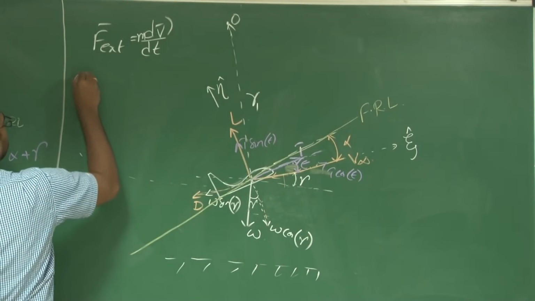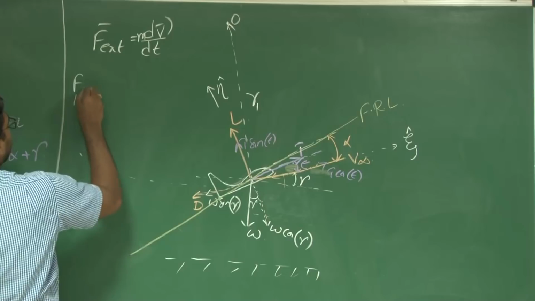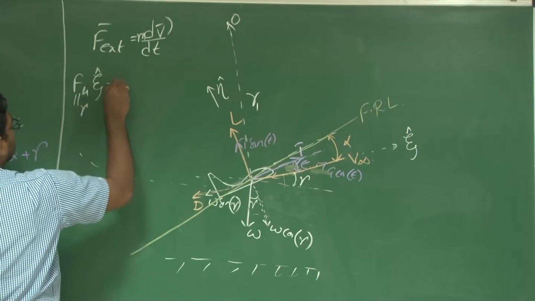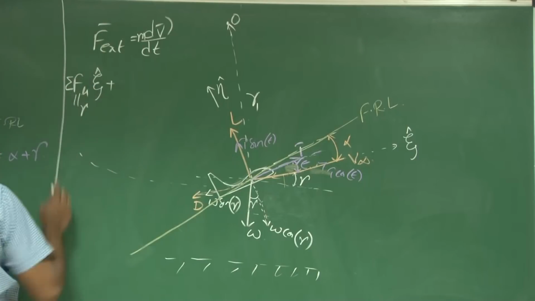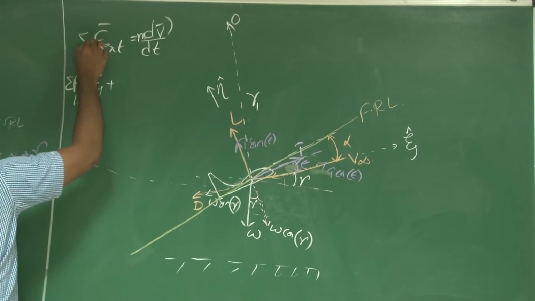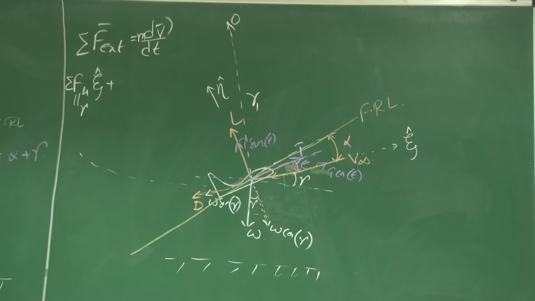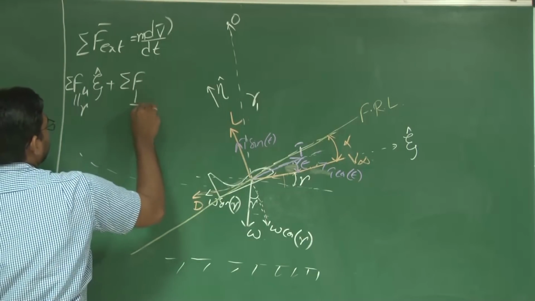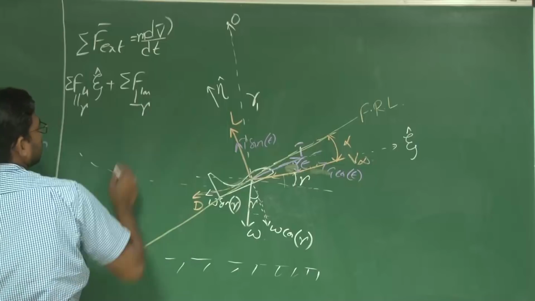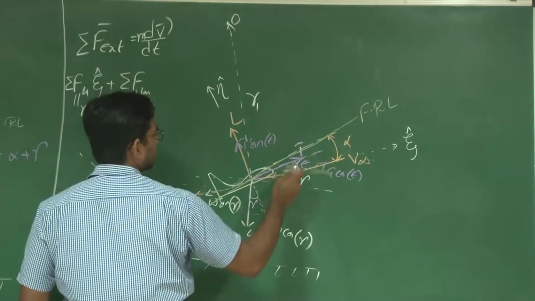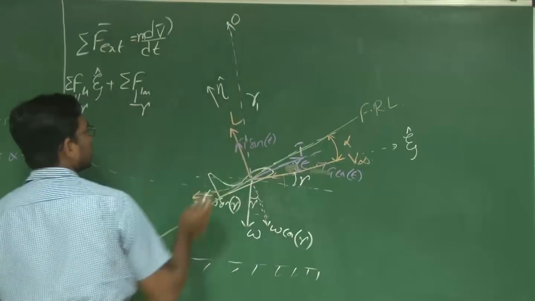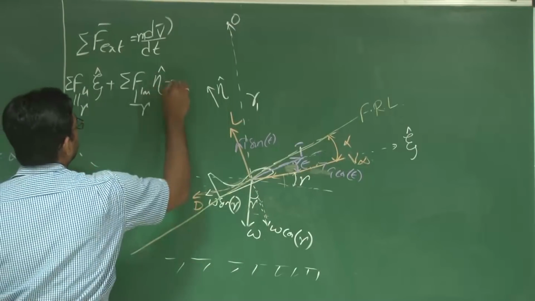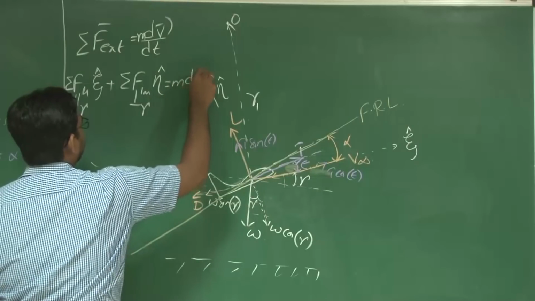So the total external force is the force which is parallel to gamma into zeta cap plus sigma F, which is perpendicular to gamma, that is perpendicular to the free stream velocity, along the eta direction, right, equals m into dv bar by dt.